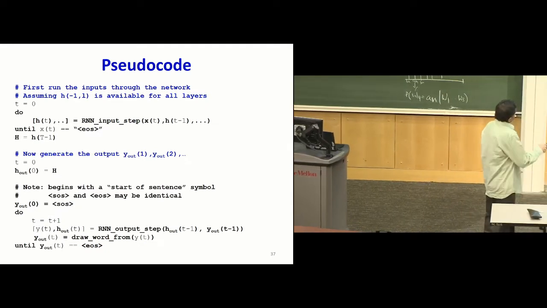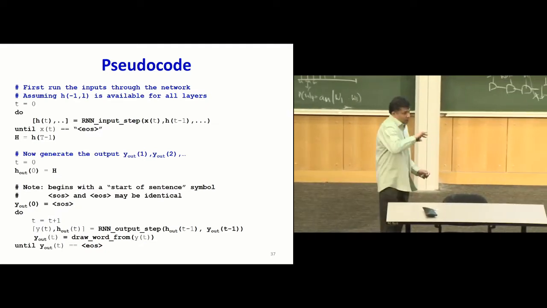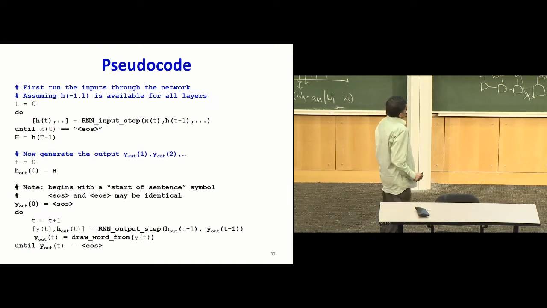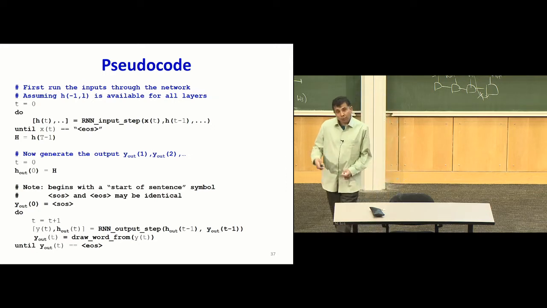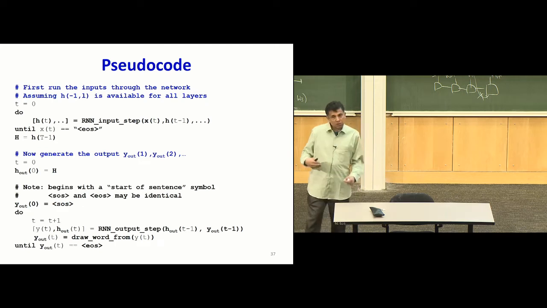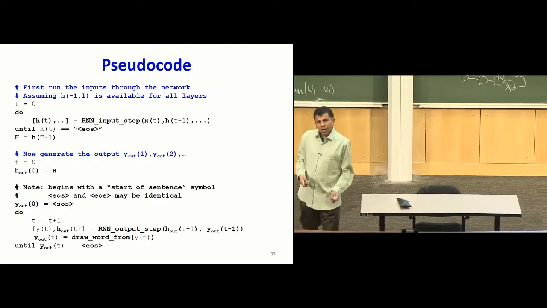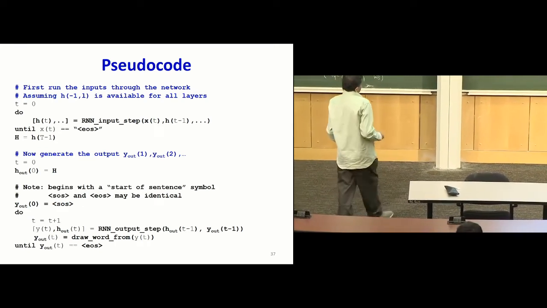That is now passed on to the output stage of the network, where the initial word is said to be the start of sequence symbol. At each time, the hidden state from the previous time and the word drawn from the previous time are passed into the network to compute a probability distribution over words at the next time.